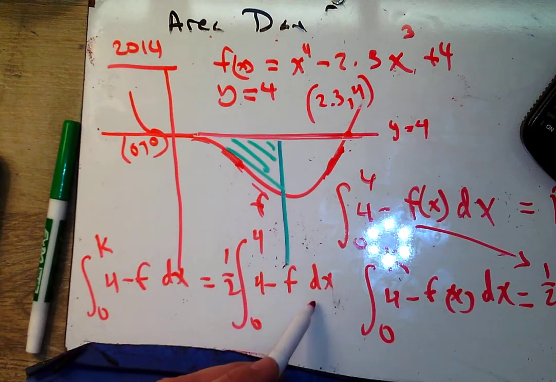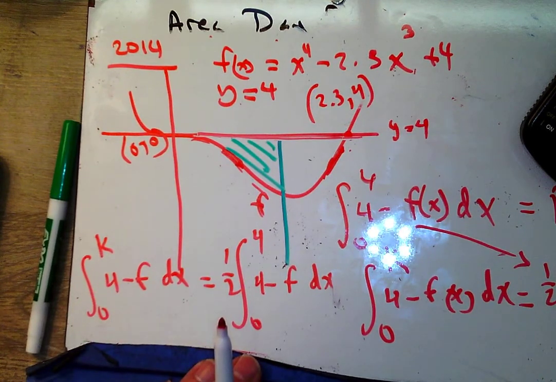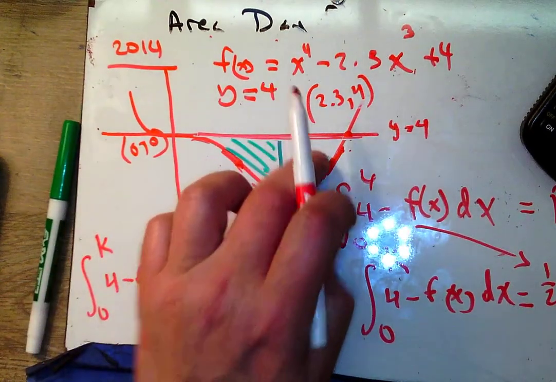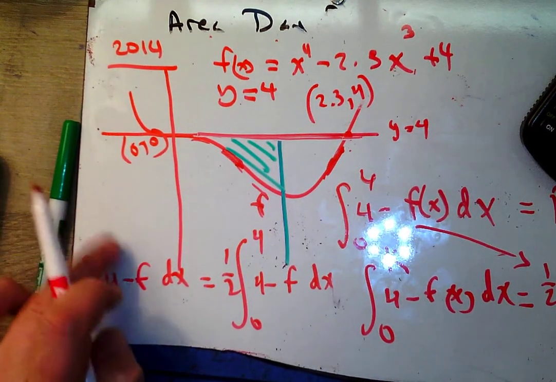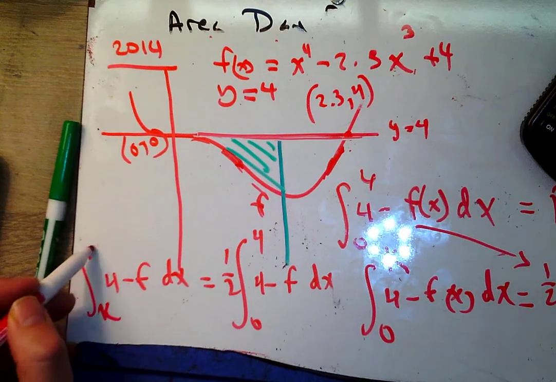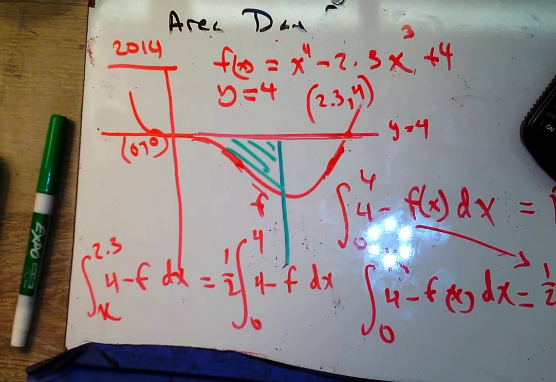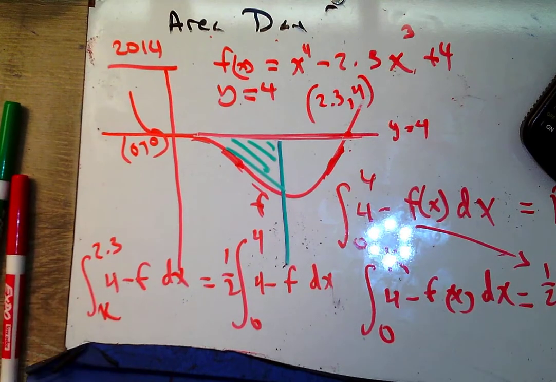Yeah, I think that works. I guess I could do this one instead and say from k to 2.3. That would also generate the correct area.